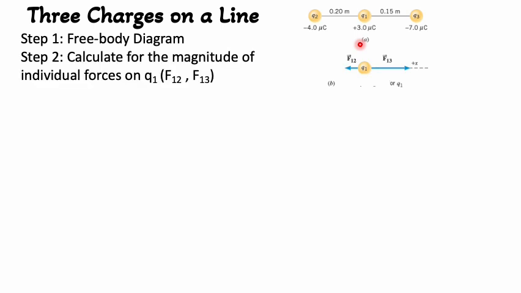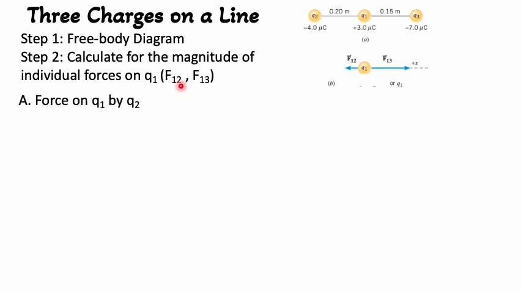So, you have to calculate the magnitude of the individual forces acting on Q1. As I have mentioned on the previous slides, it is better if you treat them individually. So, we have to find first the force on charge 1 by charge 2.